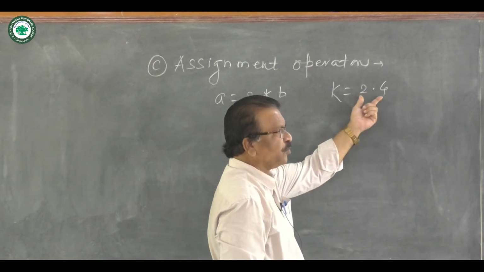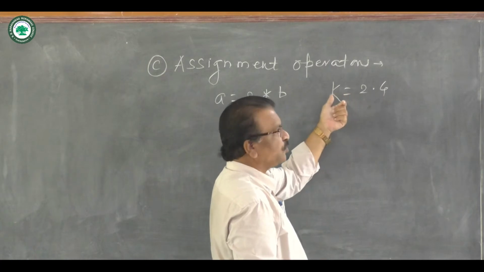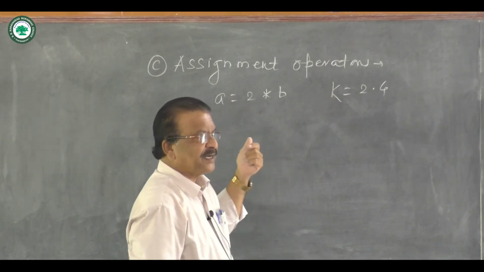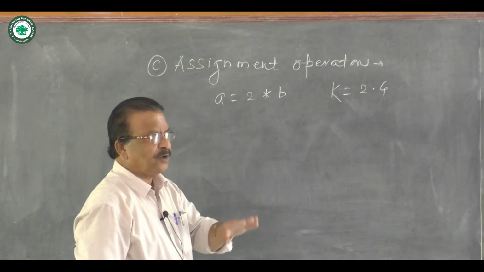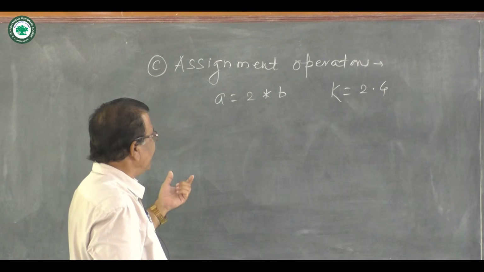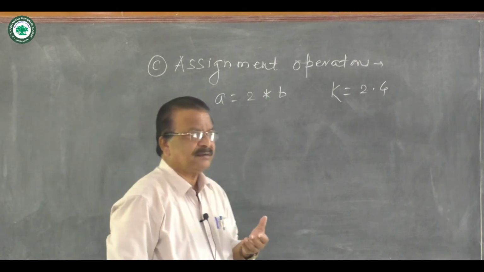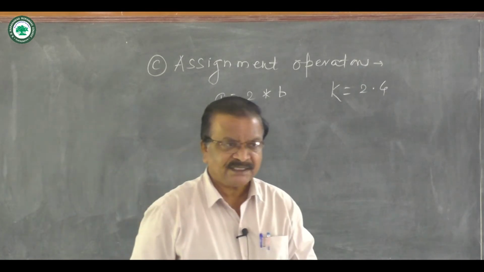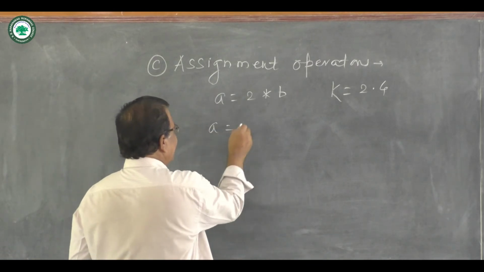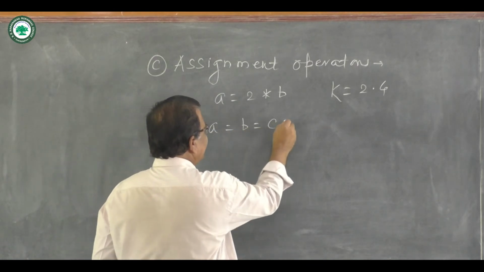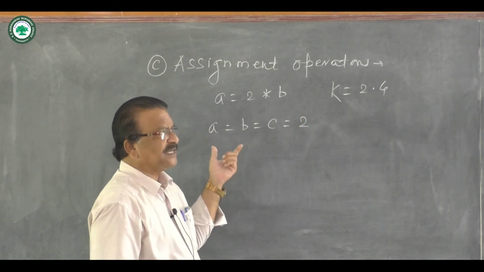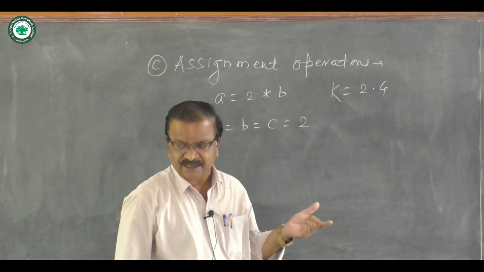The floating point value 2.4 is assigned to variable K. Then multiple assignments are permitted. For example, A equal to B equal to C equal to 2. Such a multiple assignment is also permitted in C.